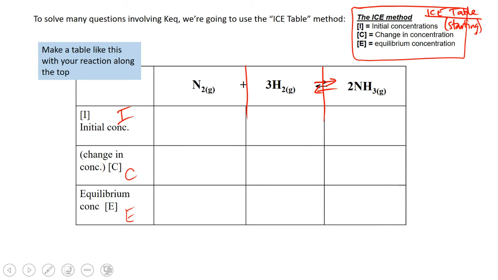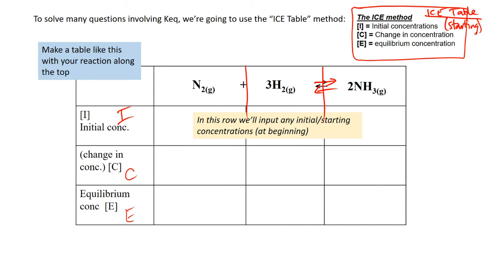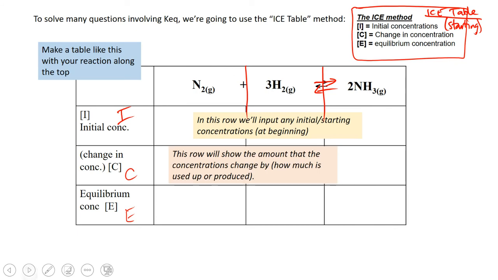Don't worry about that. In the top row, you're going to fill in any initial or starting concentrations that they might give you in a question. The second row is usually one that you need to do some figuring out on your own. And this is going to show how much the concentrations actually change by. So if things go down, we indicate that with a minus whatever. If they increase concentrations, we say plus a certain amount, that sort of thing. Okay.